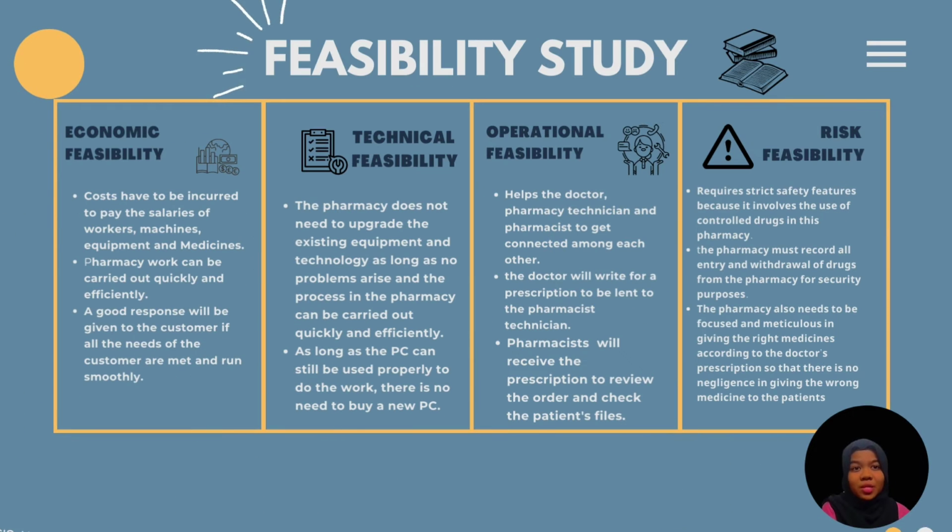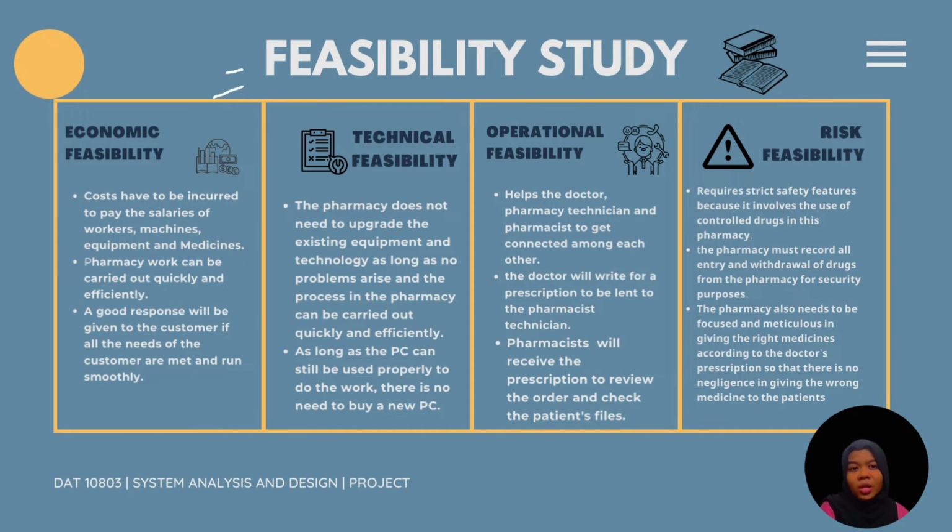Next, I will explain the feasibility study in terms of economics, technical, operational, and risk. Firstly, economic feasibility. Costs have to be incurred to pay the salaries of workers and for machines, equipment, and medicine. Pharmacy work can be carried out quickly and efficiently.